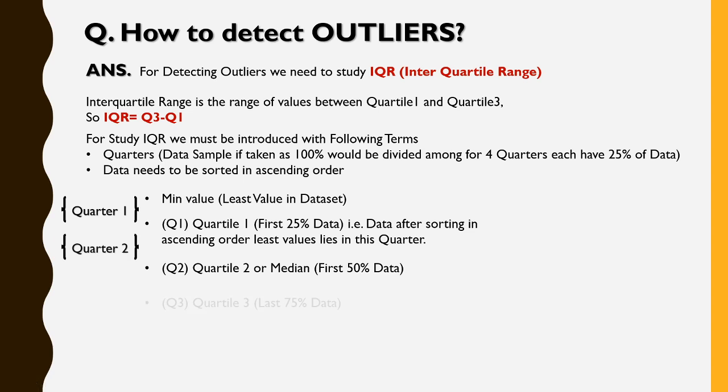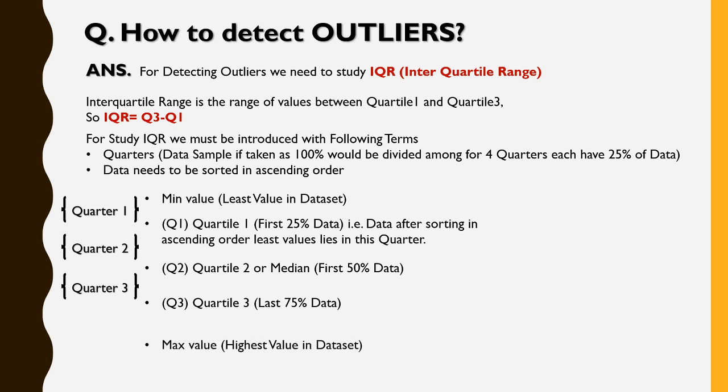Similarly, quartile 3 lies at 75% of the data, or you can say the 75th value of the data will be quartile 3. Between the 50th value and the 75th value, the quarter is called quarter 3. Similarly, the maximum value is the last value in the data, and the quarter between quartile 3 and the maximum value is taken as quarter 4.